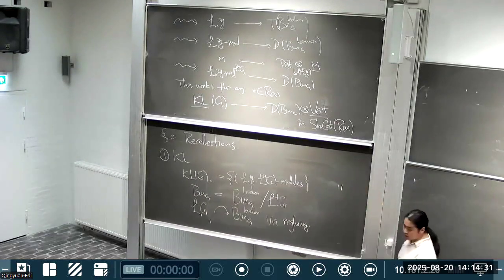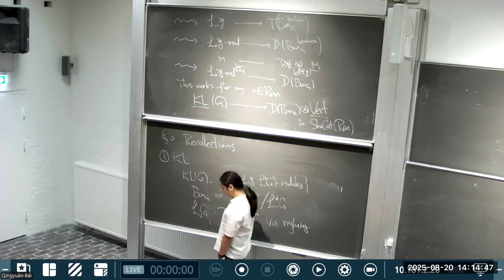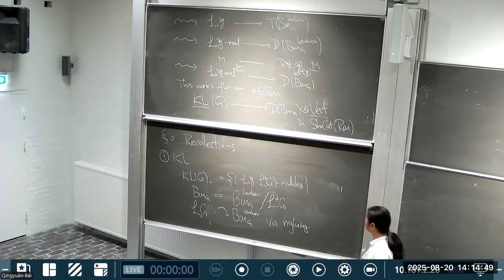Also, here this underlined vector means the constant sheaf of categories whose fibers are just the vector space. In the lecture you used the notation D-mod, but I find that very confusing, so I will use this notation. Here, this underlined KL means the sheaf of categories whose fibers are KL_x for each x.